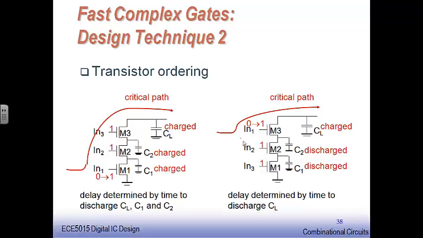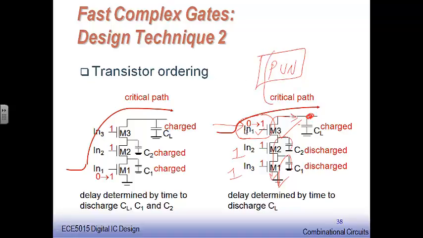Now assume I keep the in1 connected to M3, which is connected to the output node. That is, it is closer to the output node. If I keep this input here, if this was 1 and this also was 1 before, I would have just had this grounded and this also grounded. With this 0 and 1, I would not be having so much of an effect.